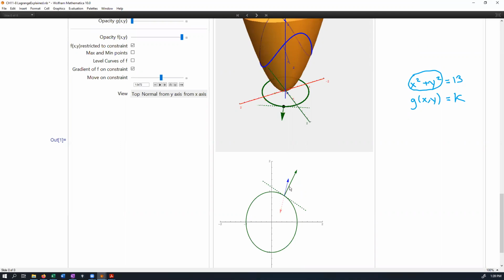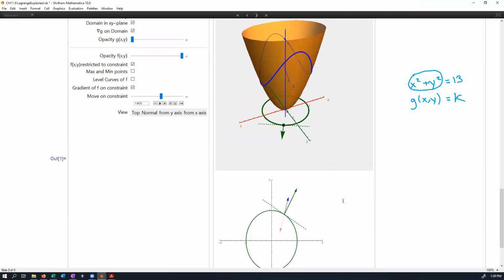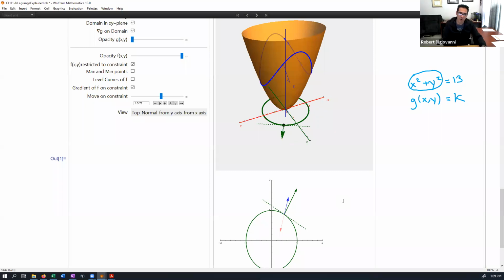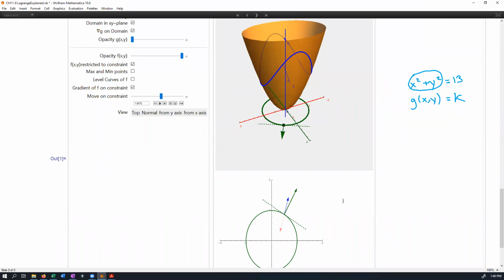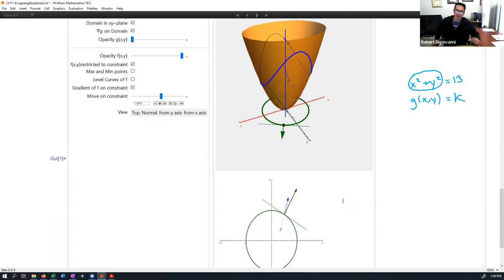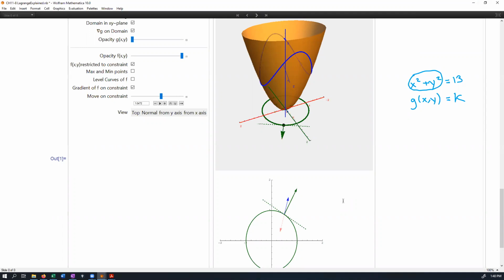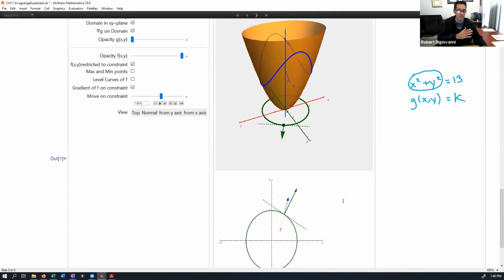That makes a lot of sense, but I'm interested to know why they line up and become parallel at max and minimum values. Yeah, so that's more like the formal proof is what you're talking about. Yes. There are just some things in calculus that we have to take on faith until you become a math major, and then you go back and you basically prove all the theorems from calculus.